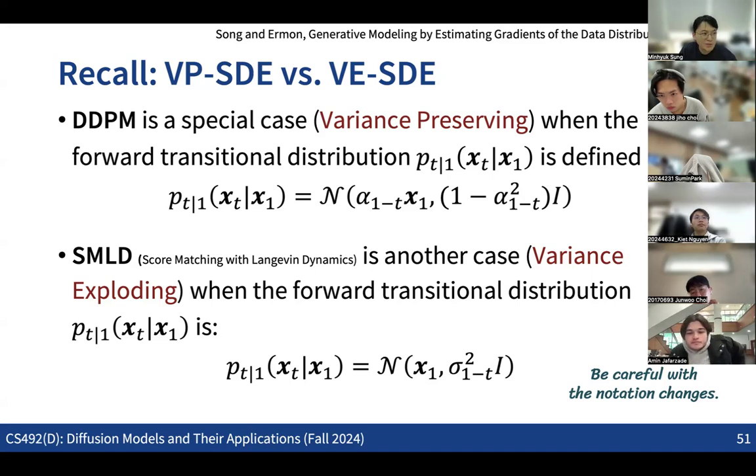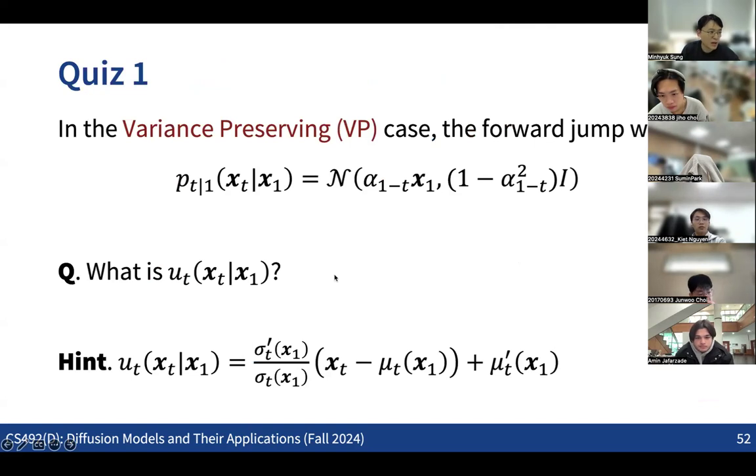So we are using the same definition of the forward jump distribution, but using a different equation, a different loss function, to learn the mapping. So let's think about the case where we are using the variance preserving case. By the way, also notice that we are having the 1 minus t here because we are now flipping the t notation.